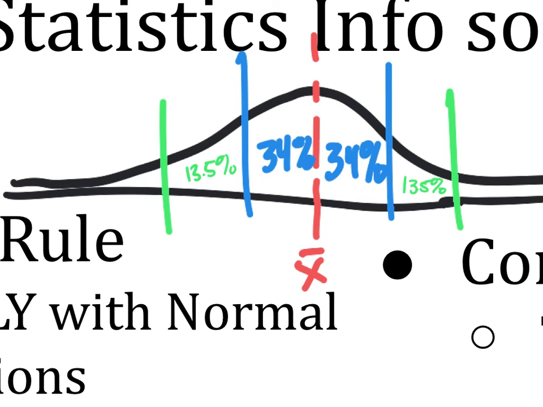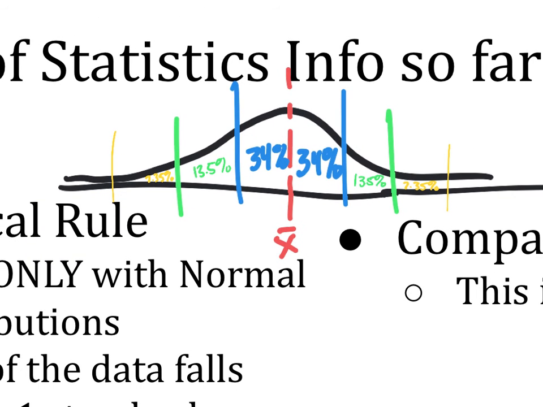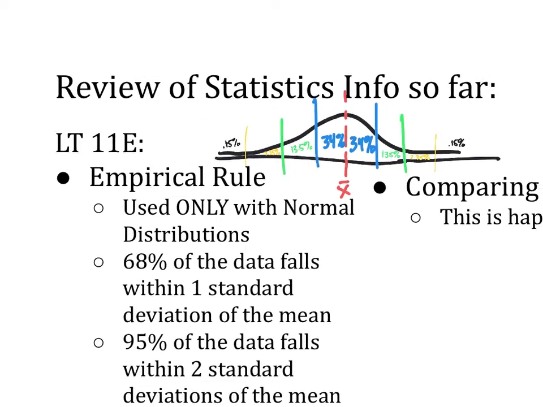And then if we go another standard deviation away, that would be here. In there, we would expect to see 2.35% of the data. And if we go even further out, then we might see 0.15% of the data on the outsides. This applies for normal distributions, and this is what we might expect to see if a distribution is approximately normal.